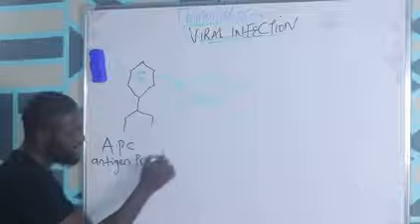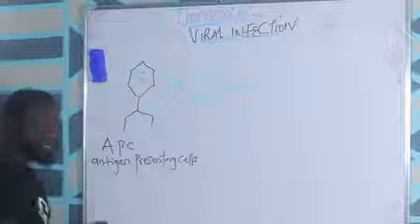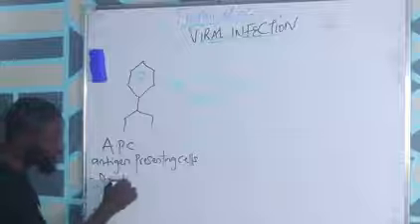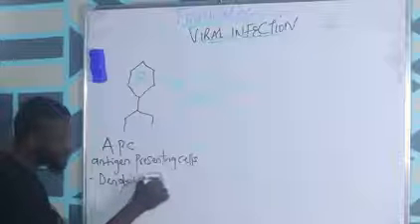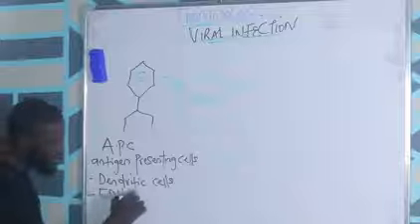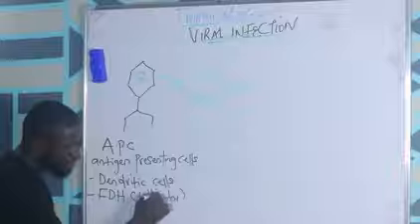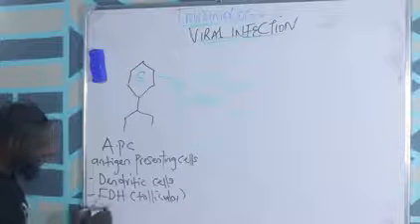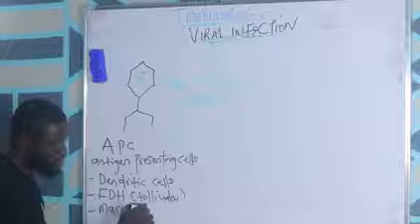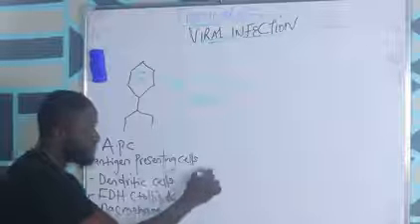Examples of these antigen presenting cells, we have dendritic cells, follicular dendritic cells, F for follicular, macrophages, and B cells.